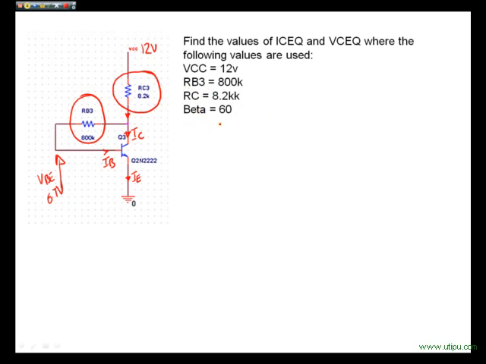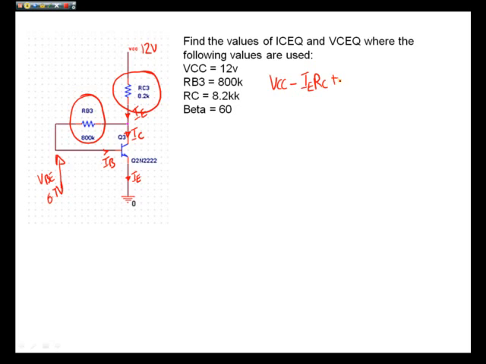Starting from the top, we can write out our Kirchhoff's voltage law: VCC minus IE, so we're using the emitter current here as the current flowing at that point, and then we multiply by RC.